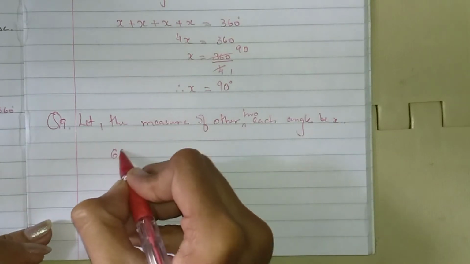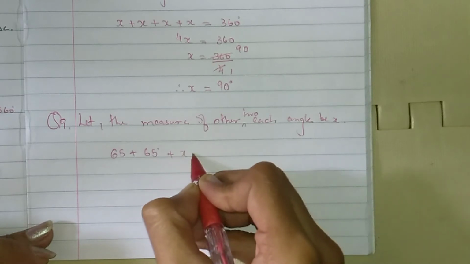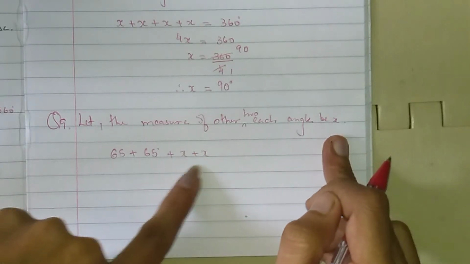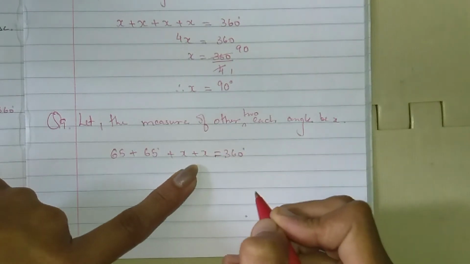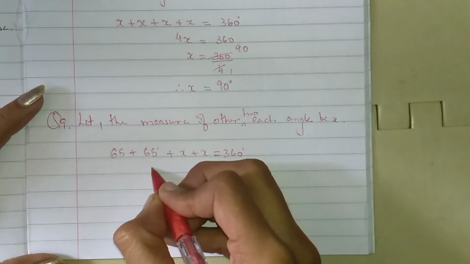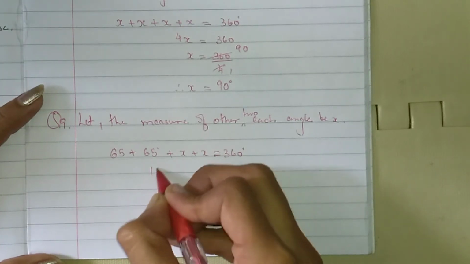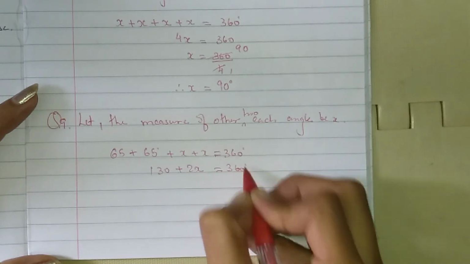First 2 are given, which is 65 plus 65, and the other 2 are the same, x plus x, which is equal to 360. 65 plus 65 is 130 plus 2x equal to 360.